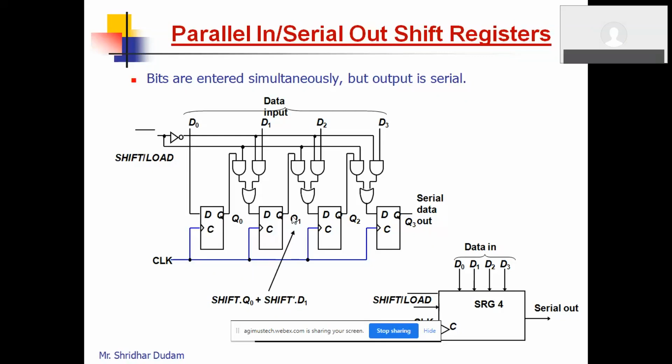As this is a 4-bit shift register, for each clock pulse we get 1 bit, so after 4 clock pulses the whole data which was loaded during the first clock pulse is taken out. Like that, we can also design the parallel in, serial out using the D flip-flop.